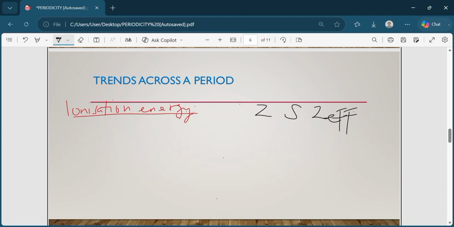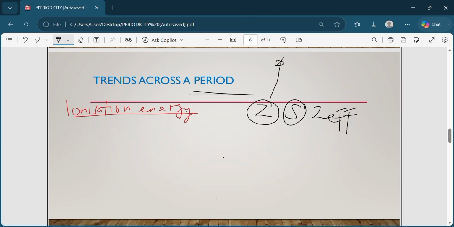We shall still consider the same elements that we have been looking at. This time around we can take any other period, maybe period 2. This explanation is valid for any period that you decide to take up. For a period, we have understood that nuclear charge always will increase.